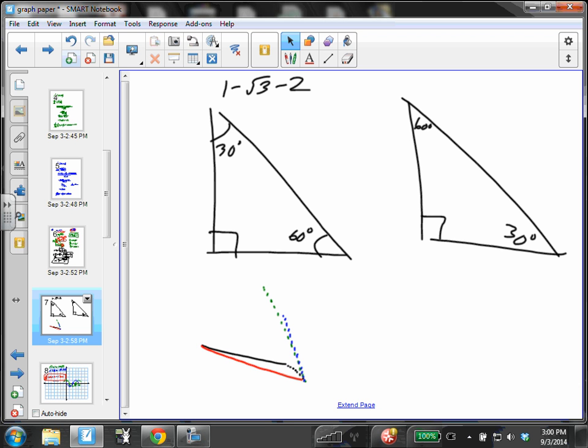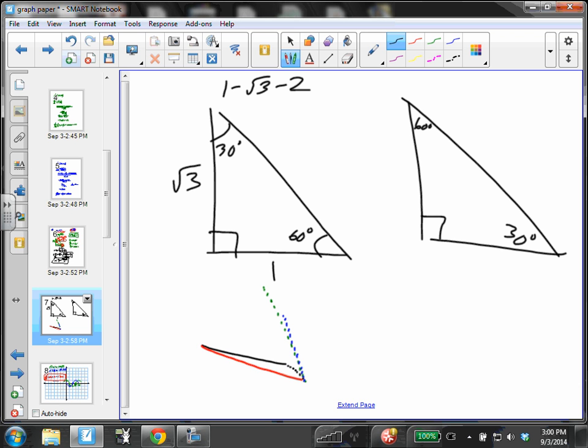So with that in mind, these are in order. By the way, 1 is smaller than the square root of 3, which is smaller than 2. So what's important is that if the 1 is the smallest number, it should go opposite of the smallest angle. So the 1 has to be opposite of the 30. The root of 3 is middle, so it has to go opposite of the 60.